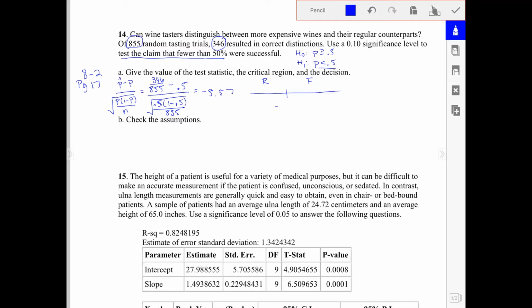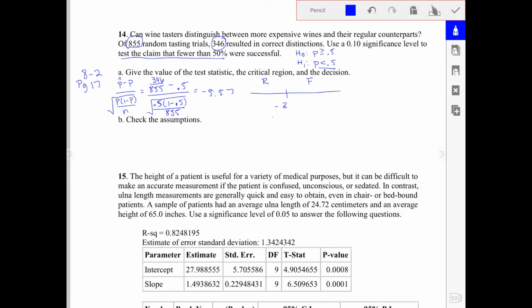And my value is going to be negative. We're doing a proportion, so this is going to be a z. So I go to table A3, one-tailed, so I don't need to divide anything this time. 0.10 significance level is my column. That's the one all the way on the end.